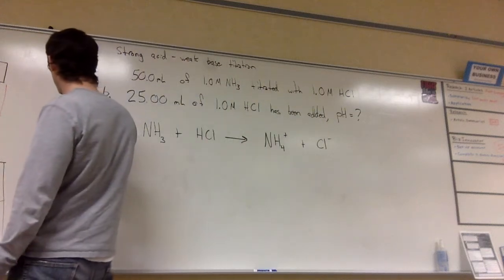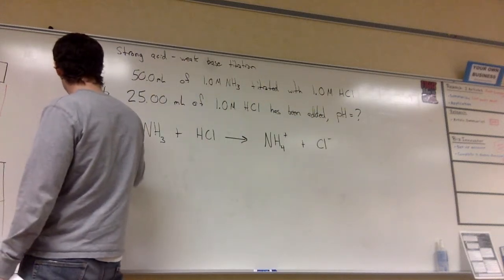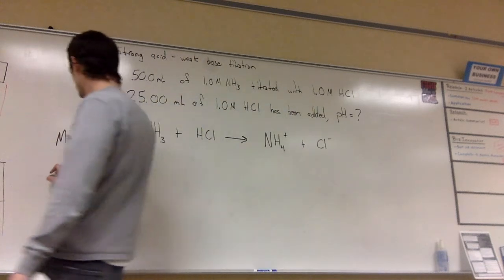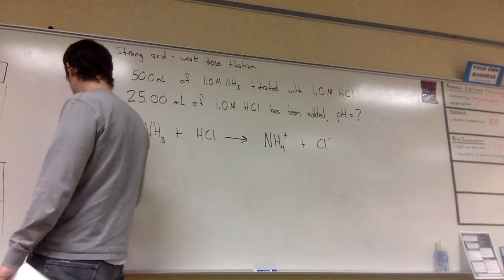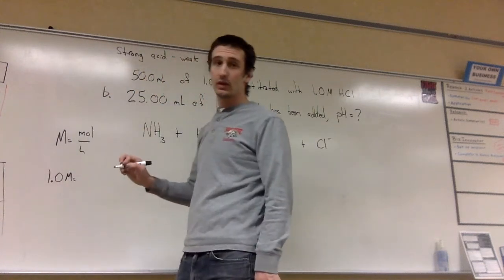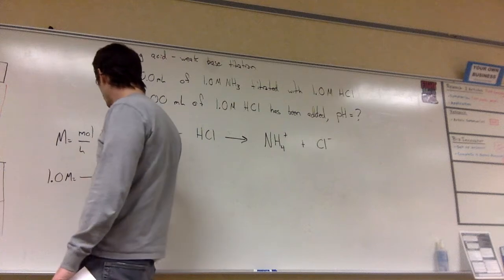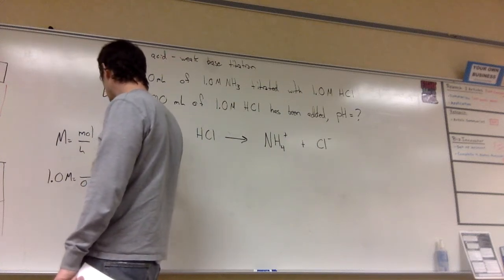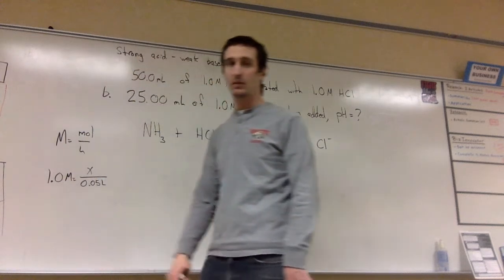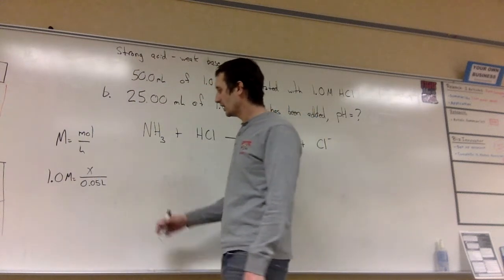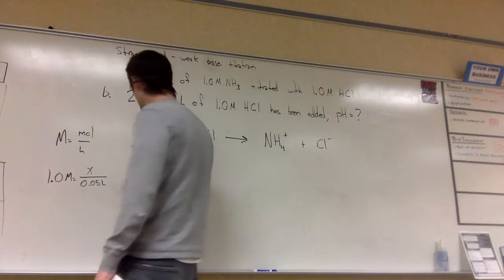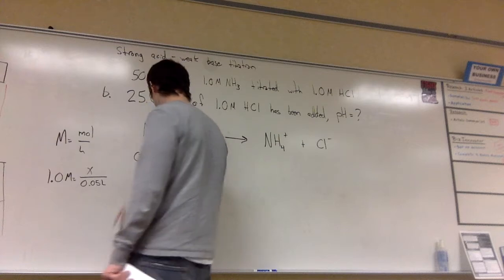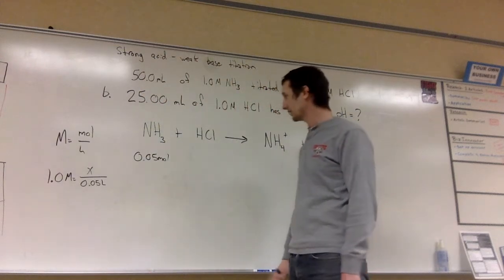Molarity is equal to moles divided by liters. We know the molarity of NH3 and we know the volume, 0.05 liters. Since the molarity is 1, I have 0.05 moles of NH3 initially.